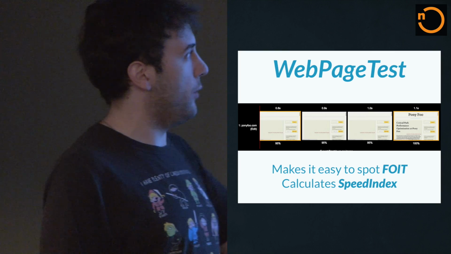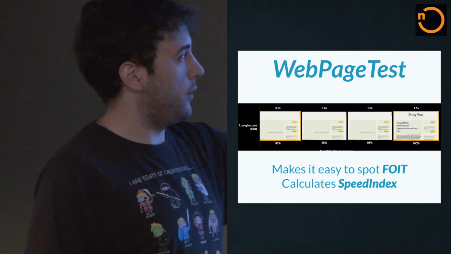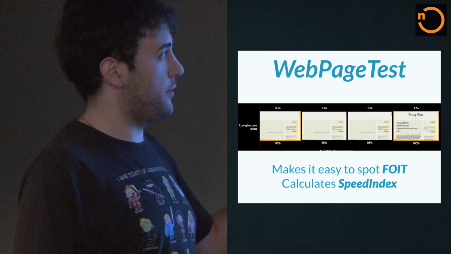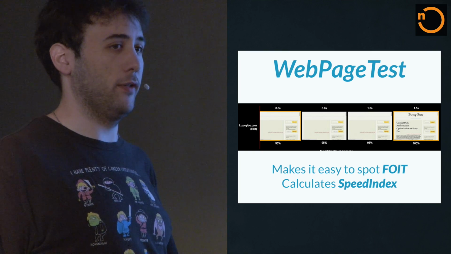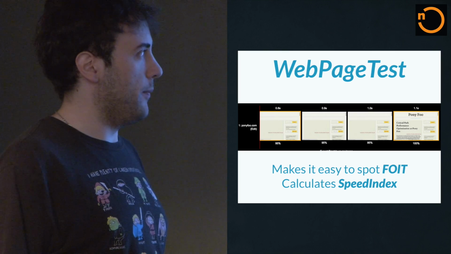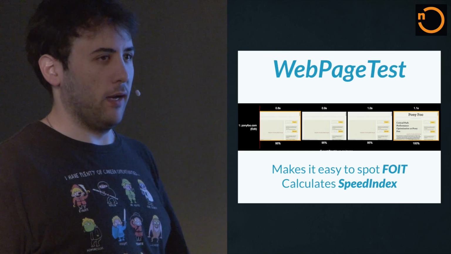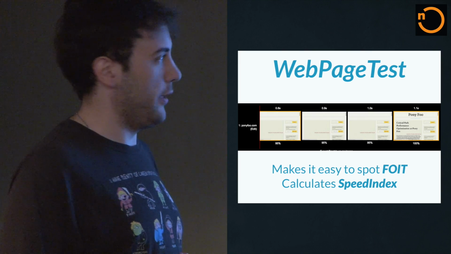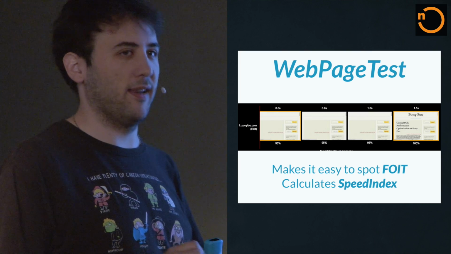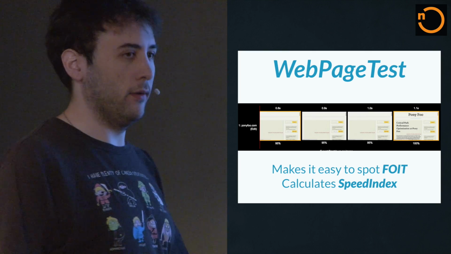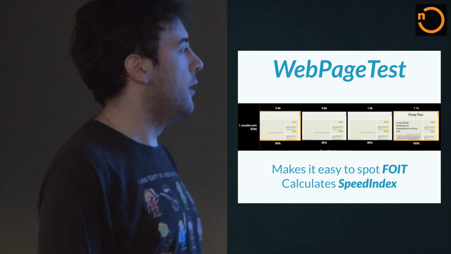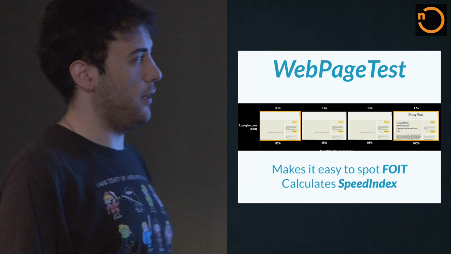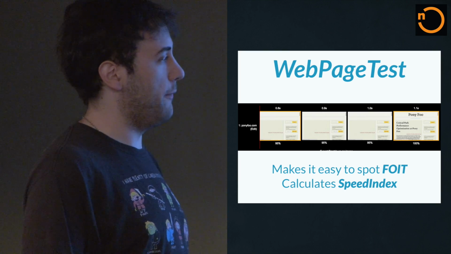And that way we would get rid of all the blanks in the page where even though the content is there, we're not displaying it because the font isn't there yet. And for the most cases, unless you're obsessed with typography and stuff like that, it's fine to just display it in a slightly different font and then load the other one on top. So it makes it very easy to spot flashes of invisible text and fix them.